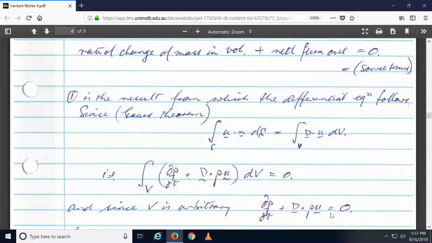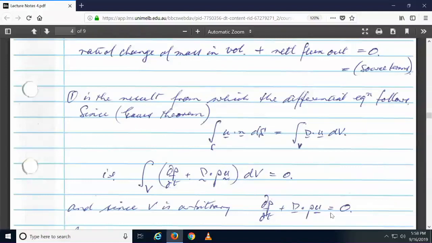What would that equation become if density were constant everywhere? Div u equals 0, which tells you that for an incompressible fluid, the divergence of u has to be 0 everywhere. You've seen that in incompressible fluid flow, I don't doubt.